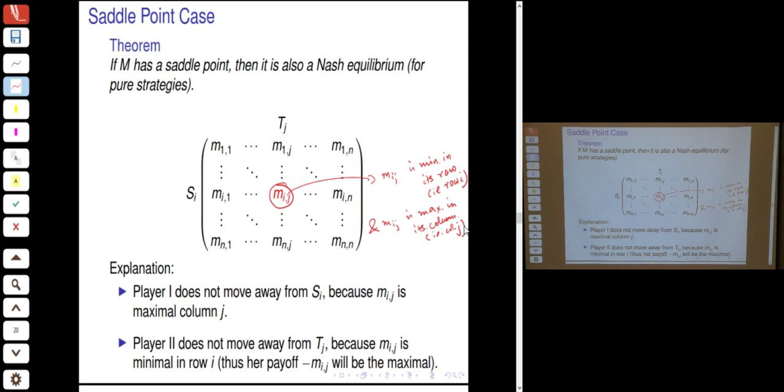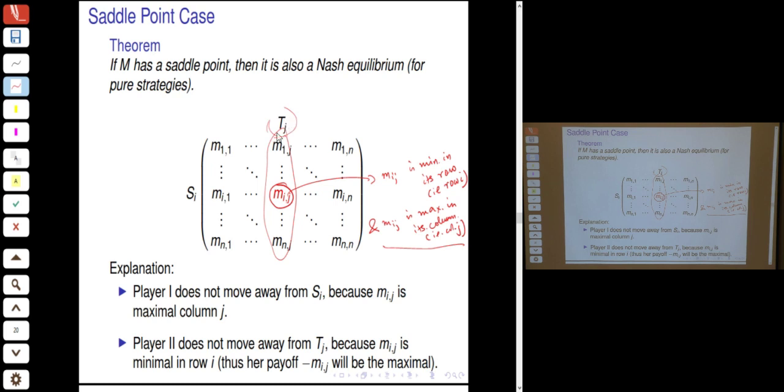So let's see if player 1 has any incentive for moving away from strategy i if player 2 stays put at strategy j. Notice that Mij being a saddle point in particular implies that Mij is maximum in its column. And what does the jth column of this matrix correspond to? The jth column corresponds to the payoffs for player 1 when player 2 uses strategy j.